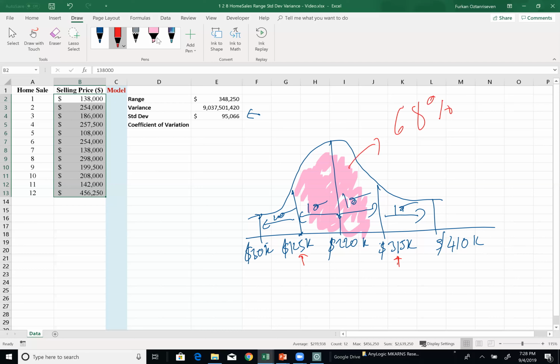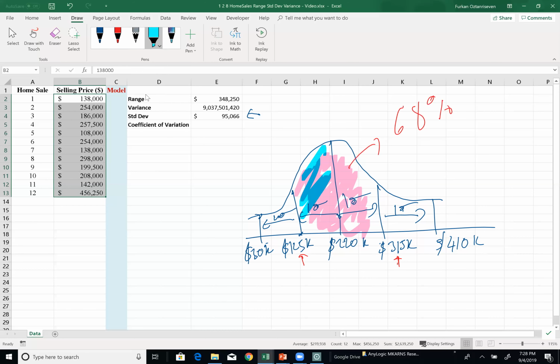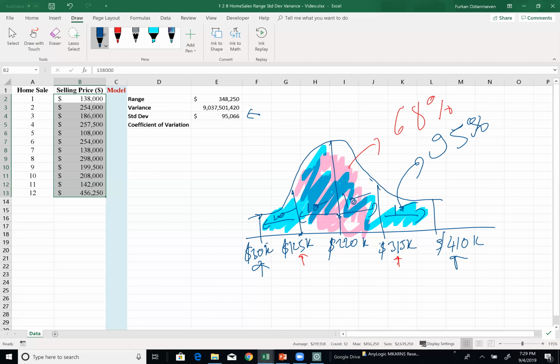If I go one more standard deviation each way, then basically I'm talking about this area right here. And I know from statistics, this area is roughly 95% of the probability. So almost all my observations will be within $30,000 to $410,000. All right, so that's why standard deviation is important. That will tell you the range, so you better understand the likelihood of selling this house for a certain price.